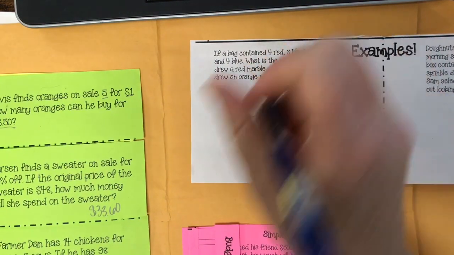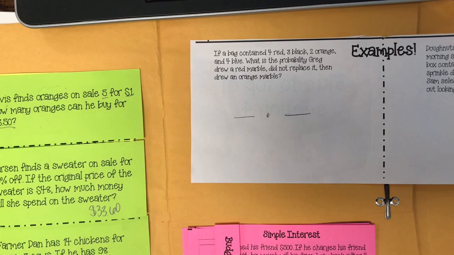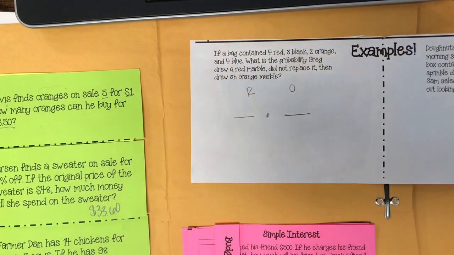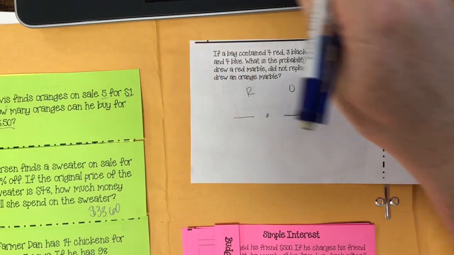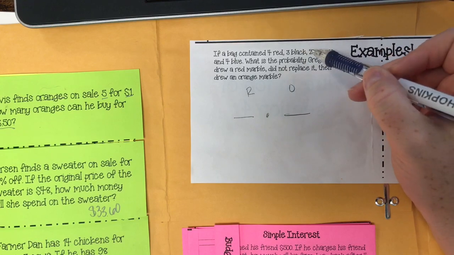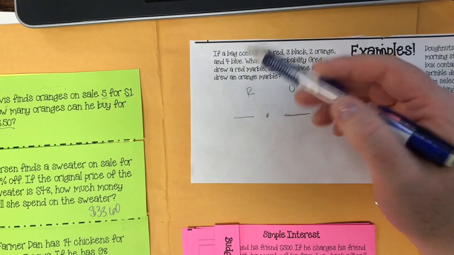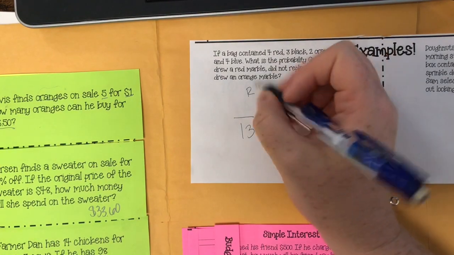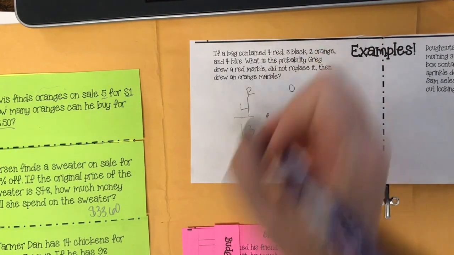We're working with 2 things here. A red marble first and then an orange. Okay, so red is 4, 3, 7, 8, 9, 10, 11, 12, 13. So there's 13 total marbles, right? When we very first start. Now, the red option is 4 out of 13.